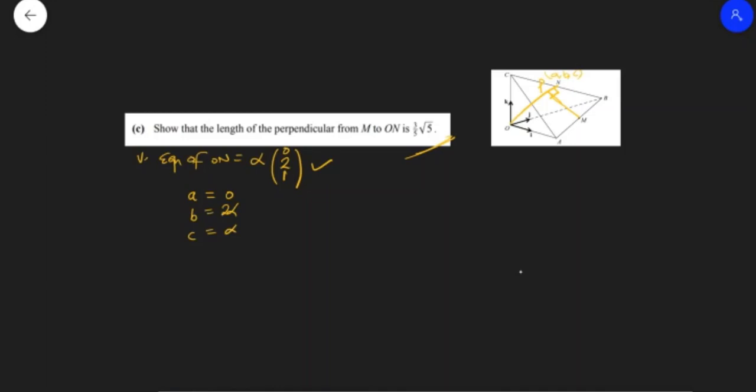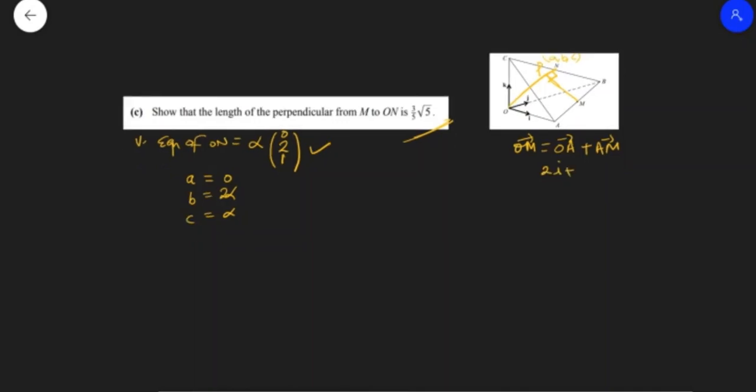We found CM but not OM, so let's find OM. Okay, OM will be OA plus AM. OA is 2i plus AM. AM is half of AB again, and AB we knew it was minus 2i plus 4j.